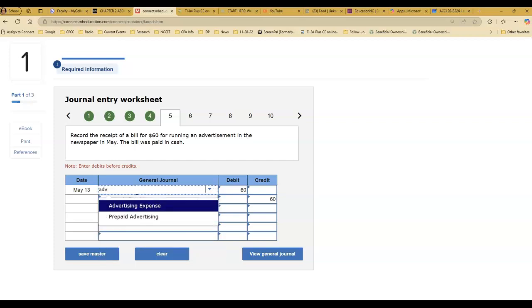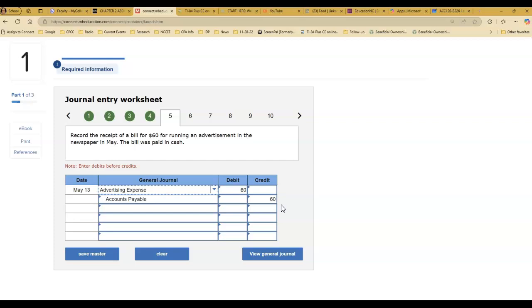Because look what happens. If we just type in ADV for advertising, we're going to get expense and we're going to get prepaid. Why is this one expense? Good, it happened in the same month, so it's going to be advertising expense. If it was prepaid advertising, this other account would have to be cash, right? And the advertisement hadn't gone into the newspaper or anything yet.